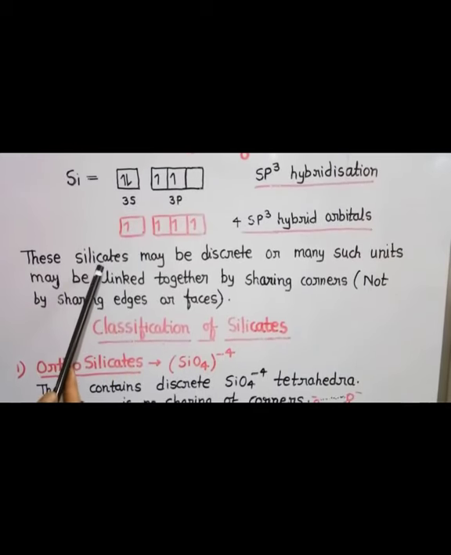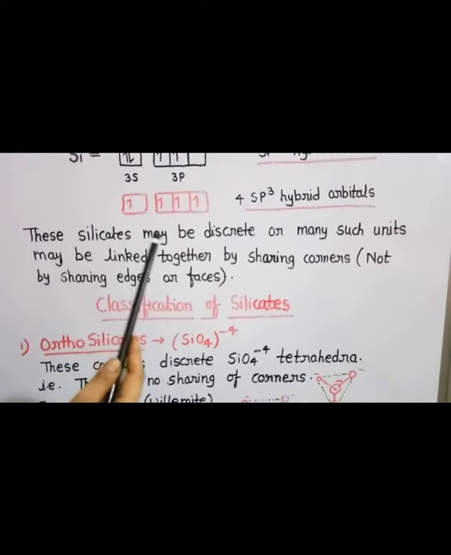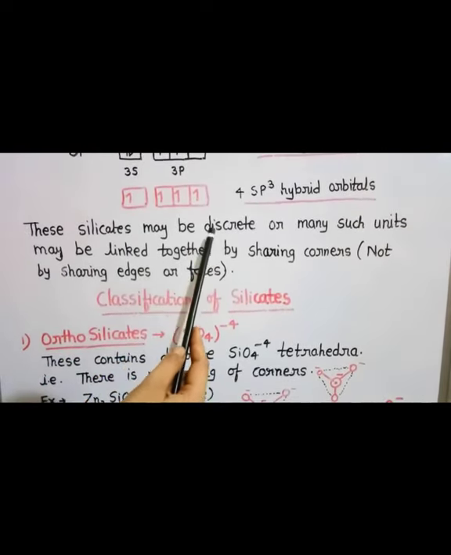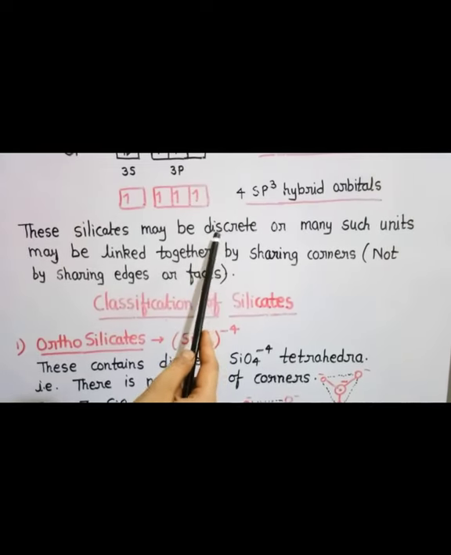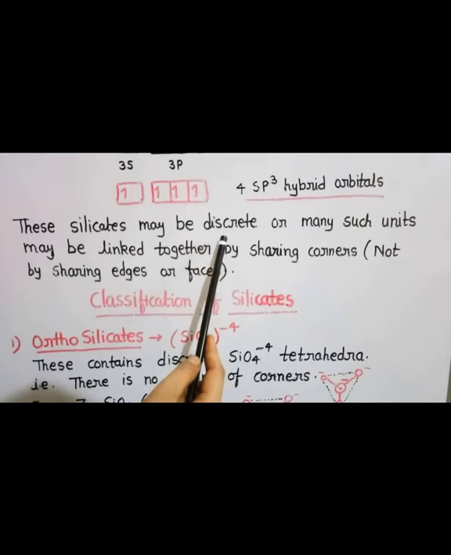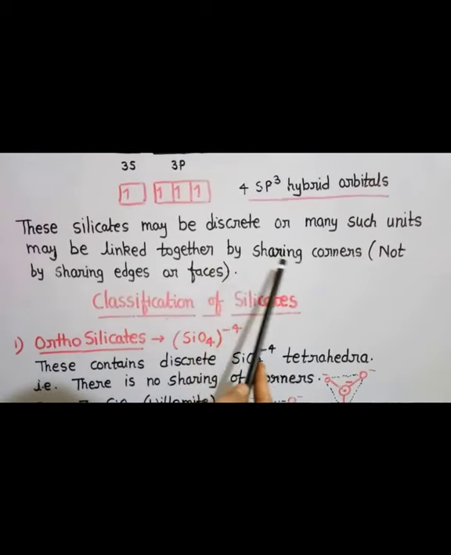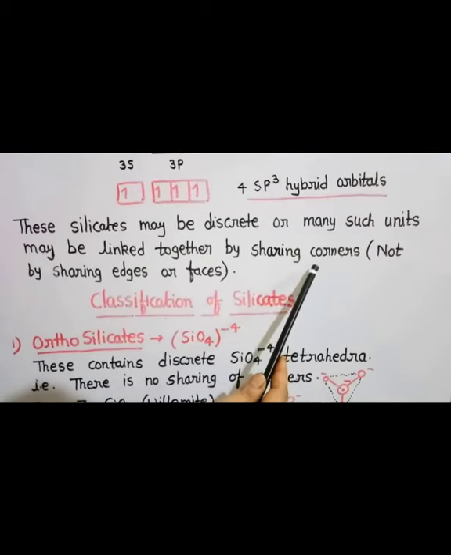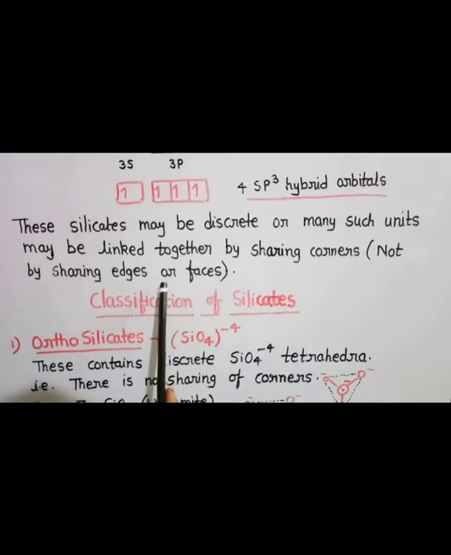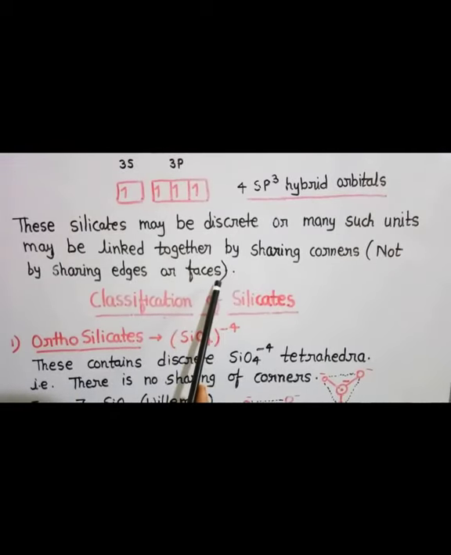These silicates may be discrete units or may be linked together by sharing corners, that is, in chain form, ortho form or cyclic form. The discrete SiO4 4- units are linked together only by sharing corners, and not by sharing edges or faces.